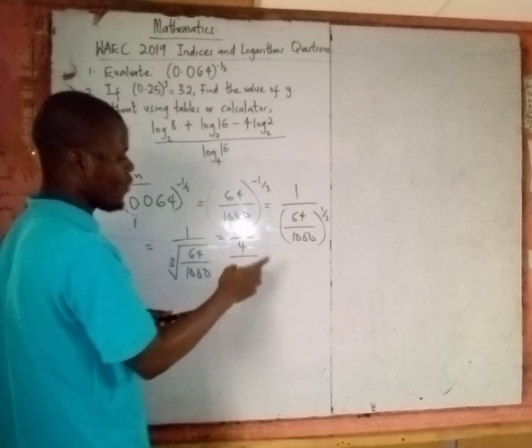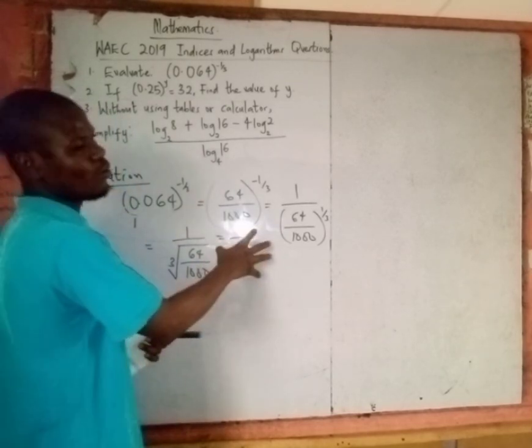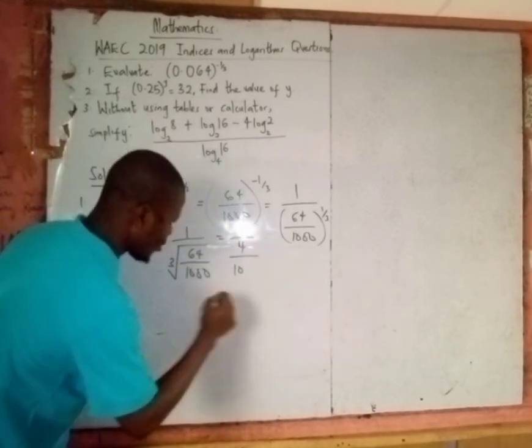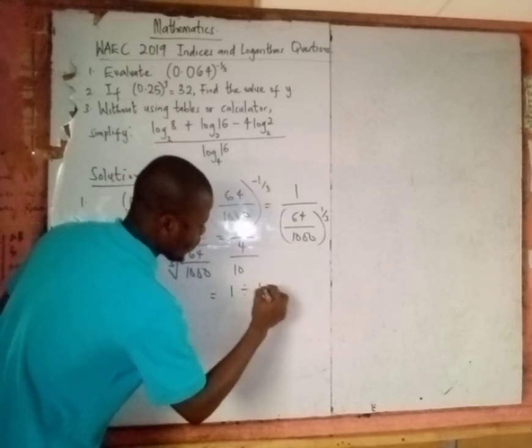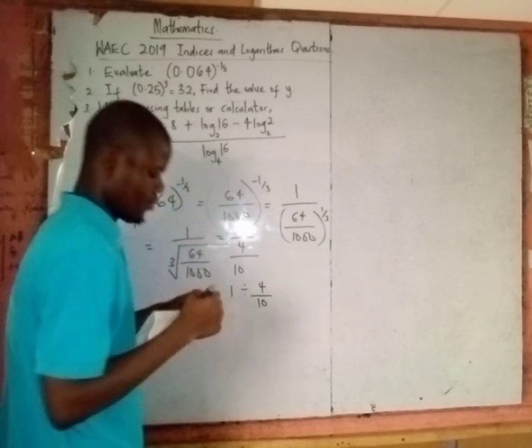So we have 1 over 4/10, and we will simplify it further. It gives us 1 divided by 4/10.